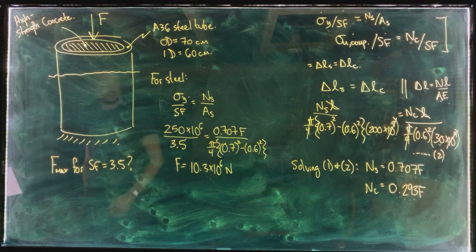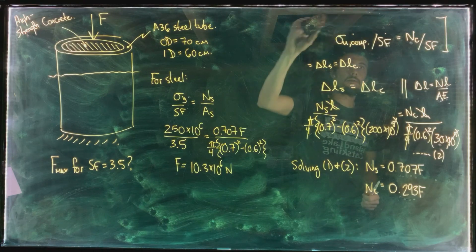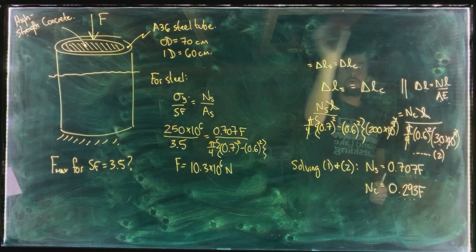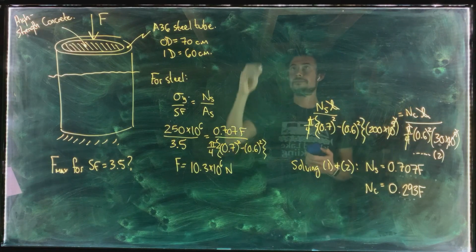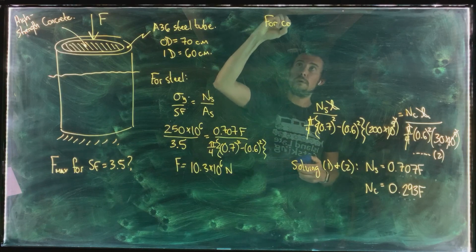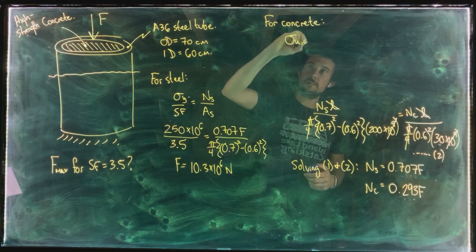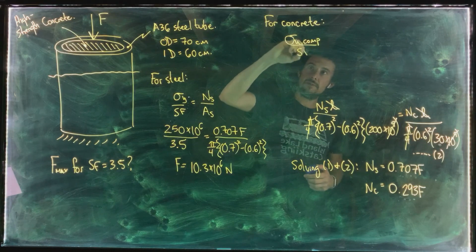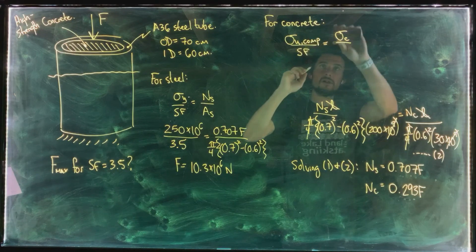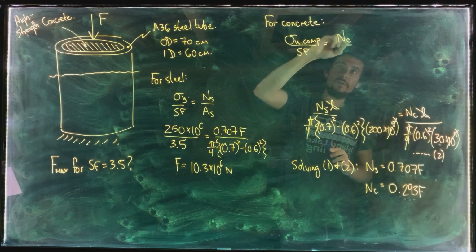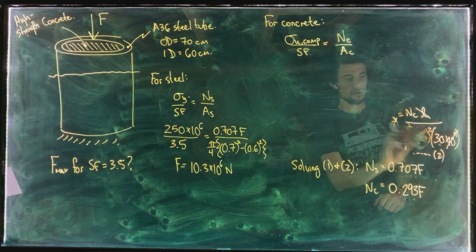Okay, and then let's do the same thing for the concrete. So for the concrete, we are going to say that the ultimate compressive strength divided by the safety factor, we're going to equate to the actual stress in the concrete, which is the normal force in the concrete divided by the cross-sectional area of the concrete.